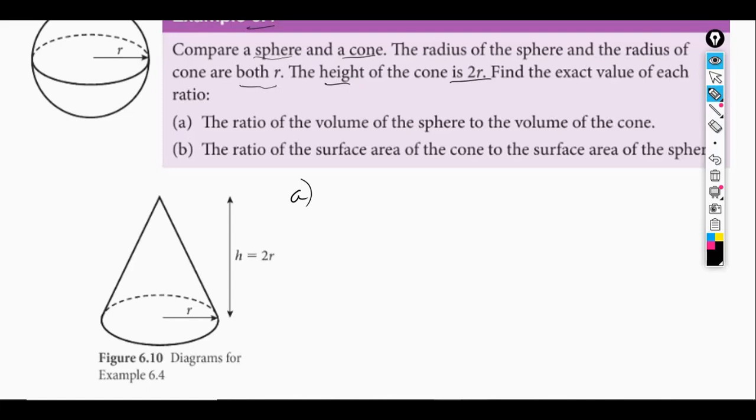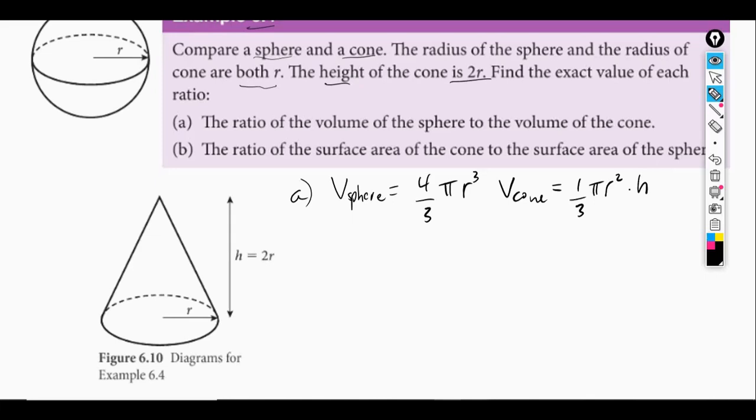So let's recall that the volume of a sphere is equal to 4/3 pi r cubed. And we have that the volume of a cone is equal to 1/3 pi r squared times the height.